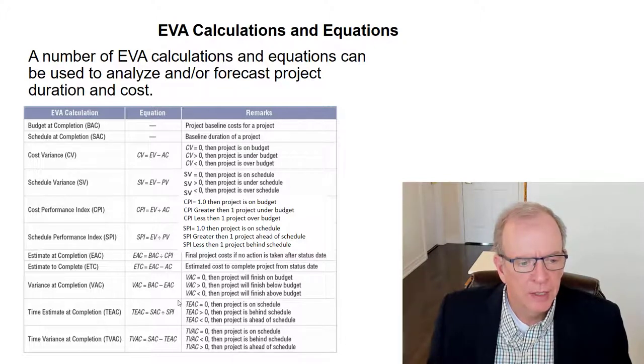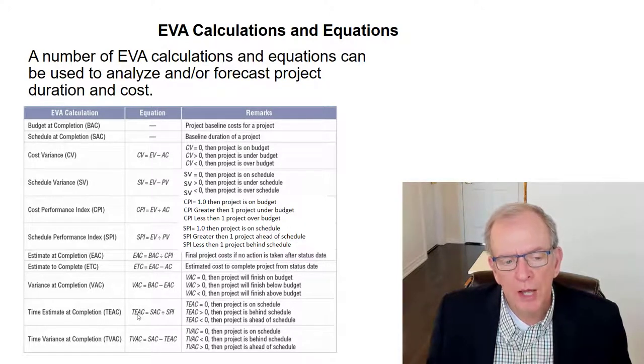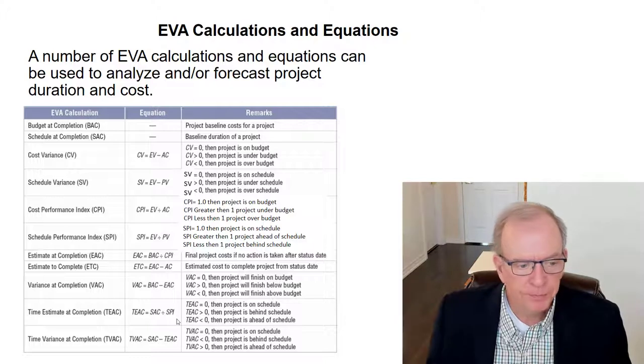It makes sense. Time estimate at completion, so this is taking your schedule at completion, dividing it by the SPI that I mentioned earlier, and that would give you that time estimate at completion. That's the one that I did where I divided 100 by the 0.8 and I came up with 125, which in that case would be 125 days.